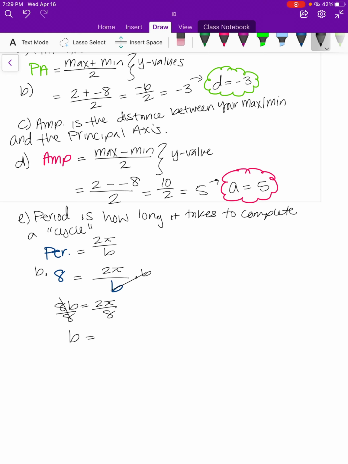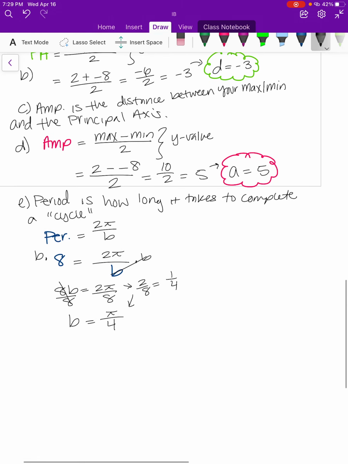So b is equal to, and I'm not going to get a decimal value. I like to keep things in terms of pi, so I'm just going to simplify the fraction: 2 eighths becomes 1/4. I'll put this here, especially if you're listening on mute, so you know where that value came from. And we now found our b value.